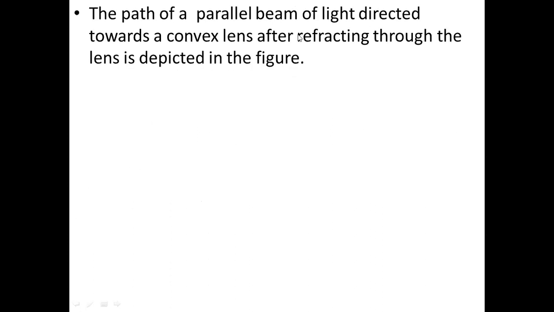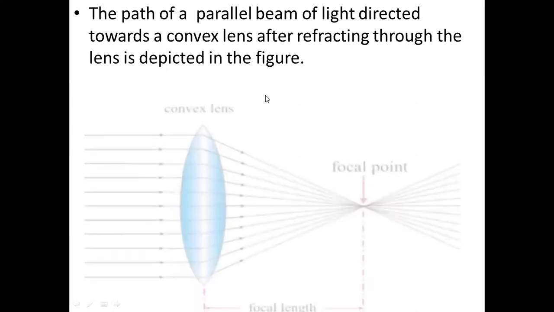So what can we see then? The path of a parallel beam of light directed towards the convex lens after refracting through the lens is depicted in the figure. It looks like this.